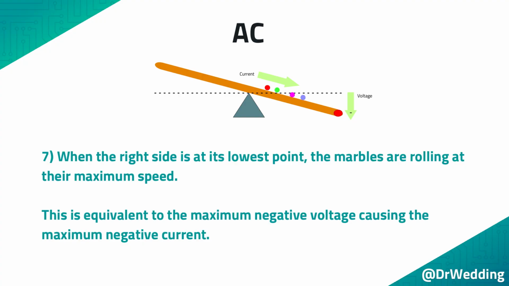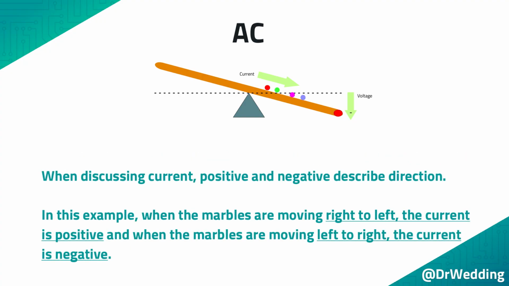Step 7. When the right side is at its lowest point, the marbles are rolling at their maximum speed. This is equivalent to the maximum negative voltage causing the maximum negative current. When discussing current, positive and negative describe direction. In this example, when the marbles are moving right to left, the current is positive. And when the marbles are moving left to right, the current is negative.